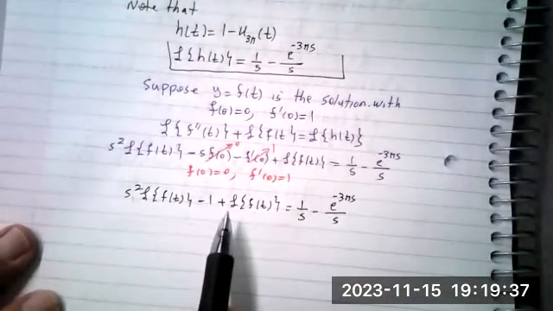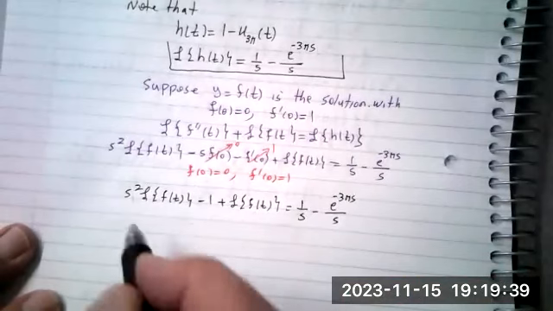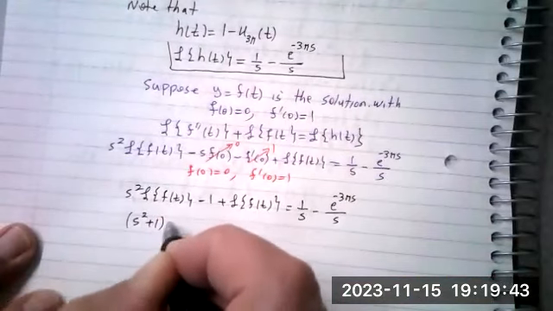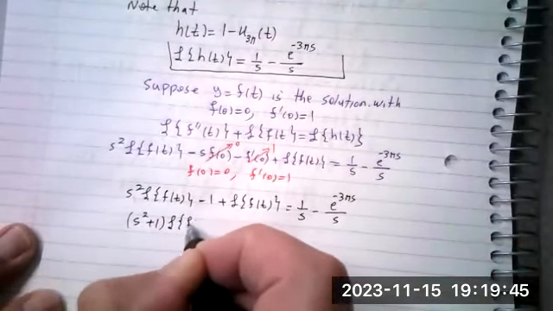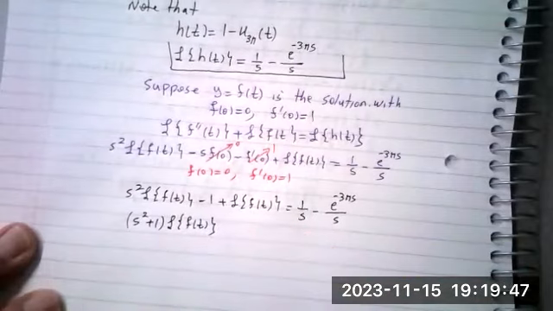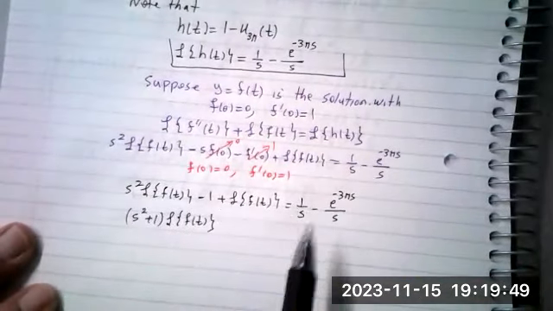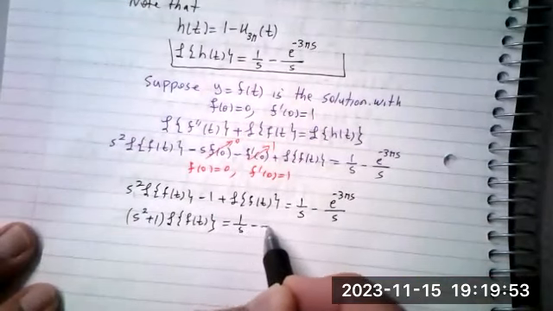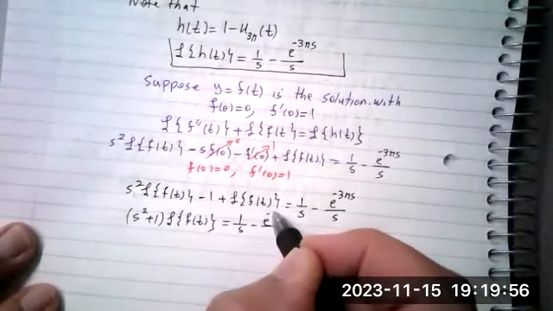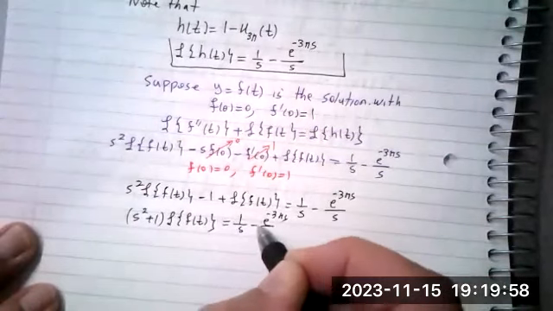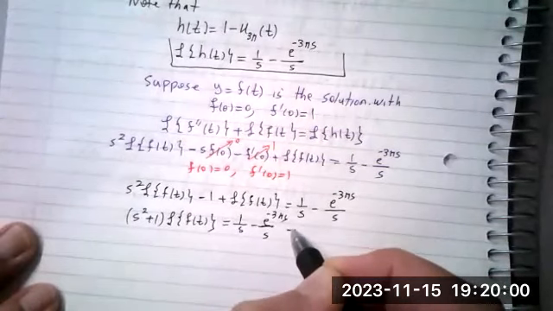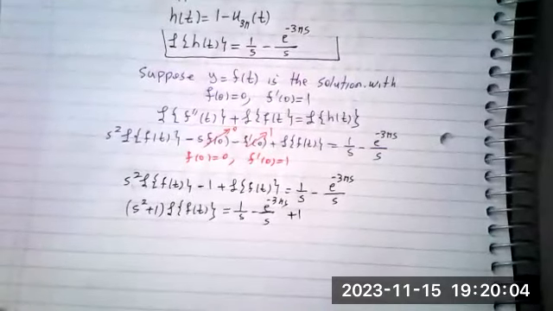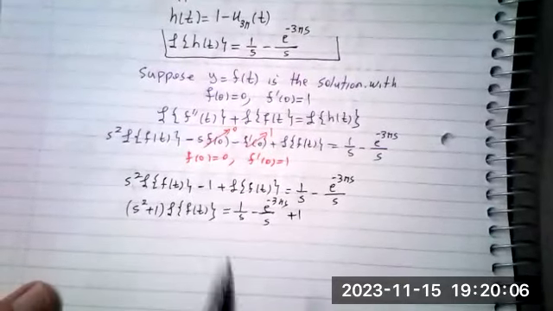Now take out the Laplace of f of t to get that characteristic equation. That gives you s squared plus 1 times the Laplace of f of t. Move the negative 1 to the other side, so you get 1 over s minus e to the negative 3 pi s over s, plus 1. Now divide by s squared plus 1.